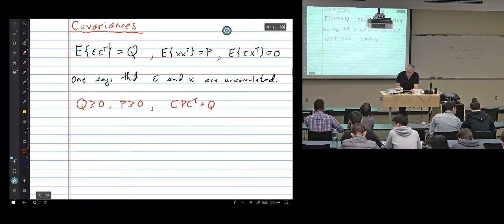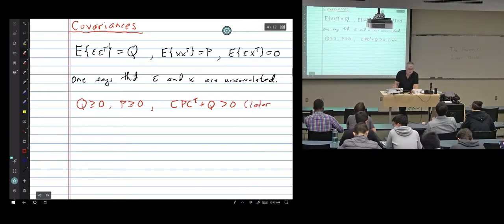C times P C transpose is positive definite. Matrix inversion? Maybe. That's a good guess. So later we will relate this to linear independence of some vectors.